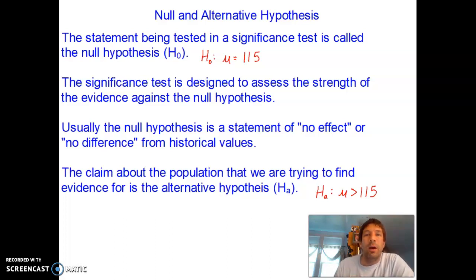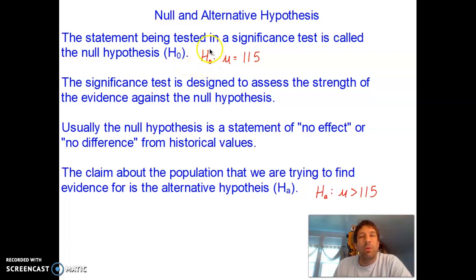So, we're going to start off by talking about something called a null and alternative hypothesis. The statement being tested in a significance test is called the null hypothesis. And we use this notation here. We call this H0, or H-naught, and that tells us that it's the null hypothesis.